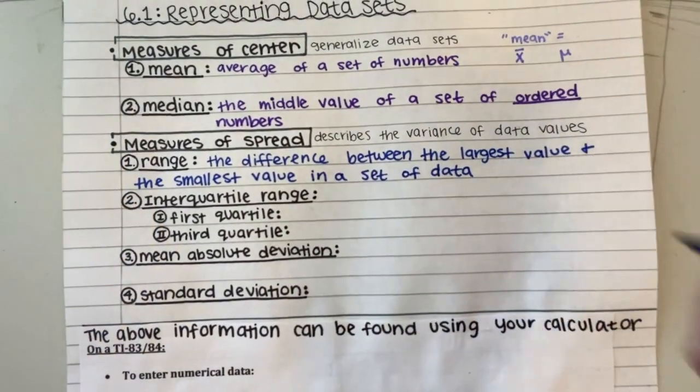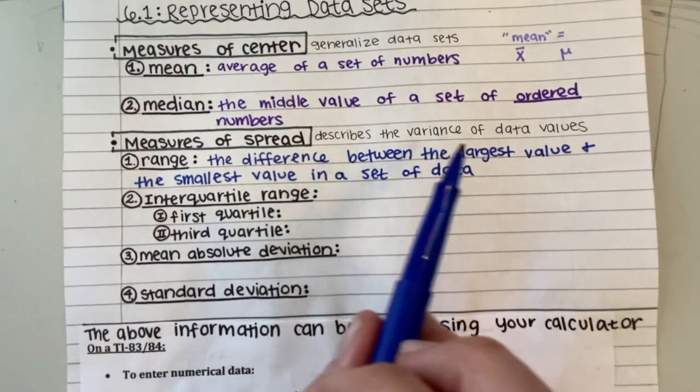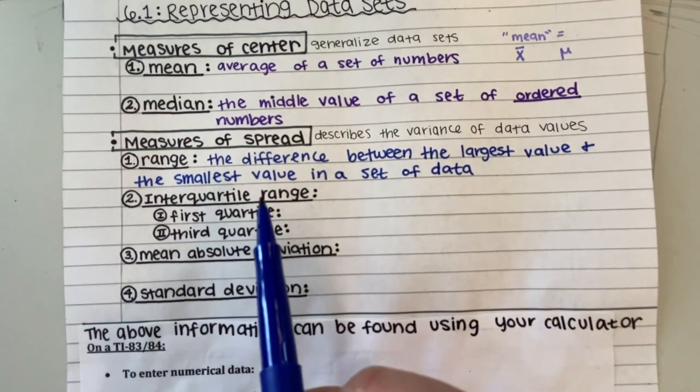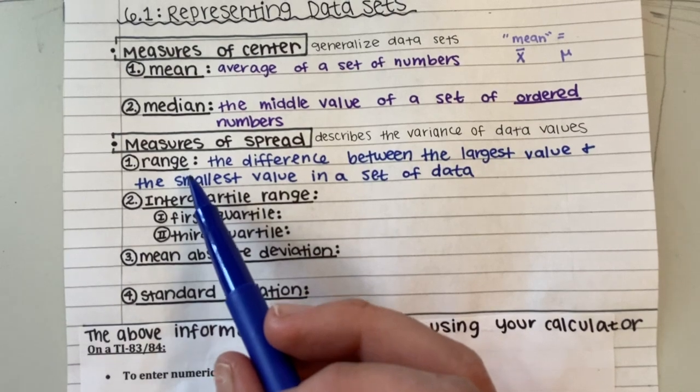So this is what we're used to looking at when our numbers are already ordered from the median. I can easily see my biggest number and my smallest number, and when I subtract those, I get my range.